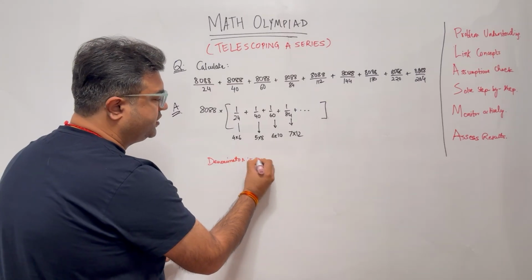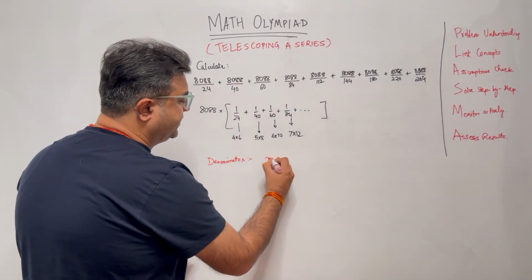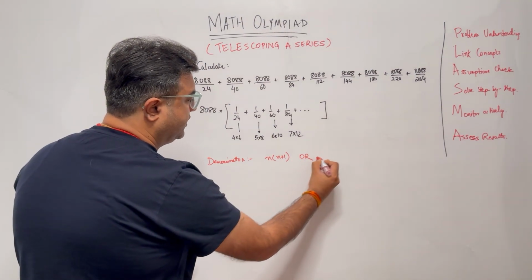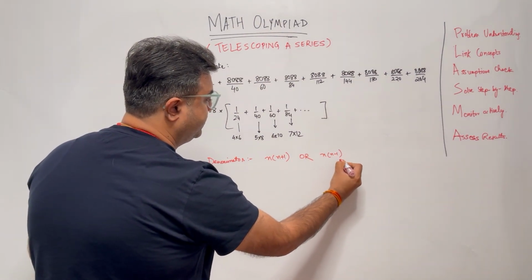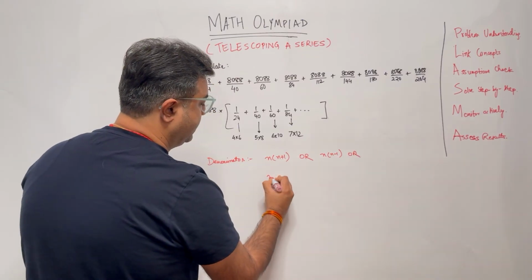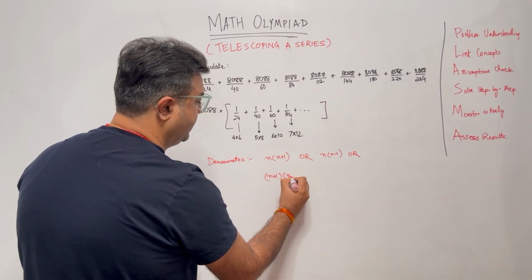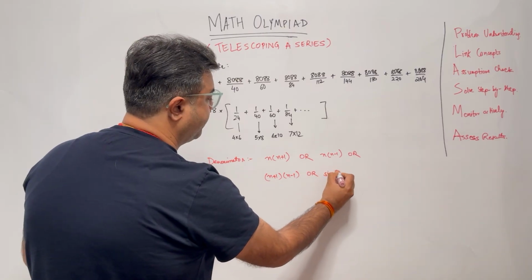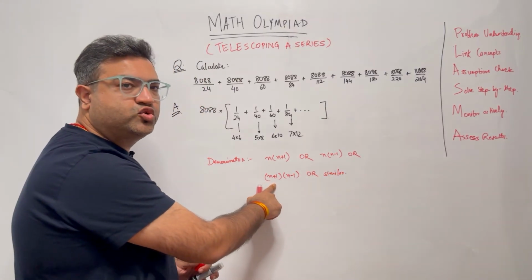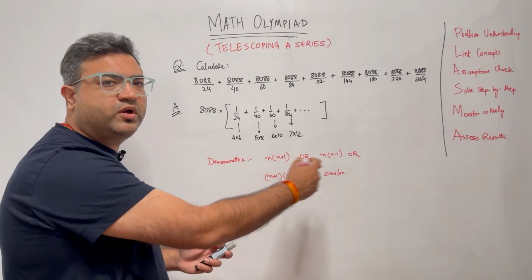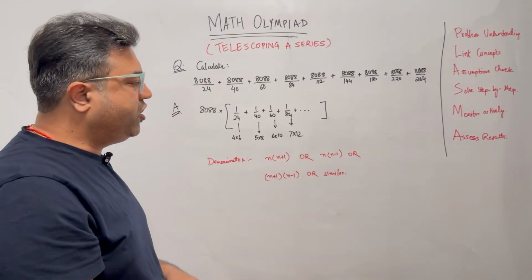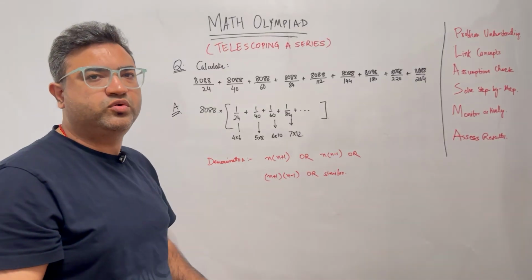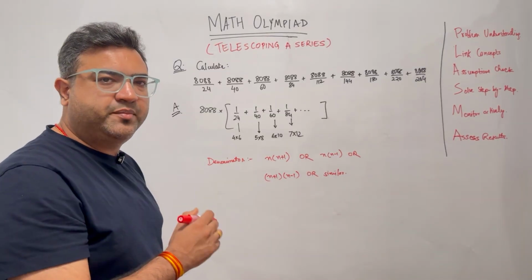The denominator should look something like n into n plus 1, or n into n minus 1, or n plus 1 into n minus 1, or similar, like n plus 2 into n minus 2, and so on. You have to find a way that this remains consistent throughout the denominator. So this is really important.